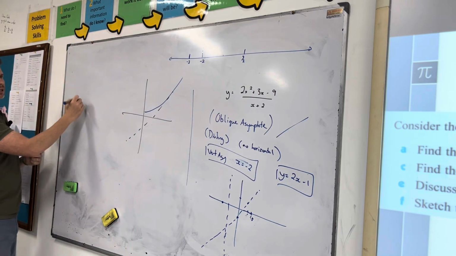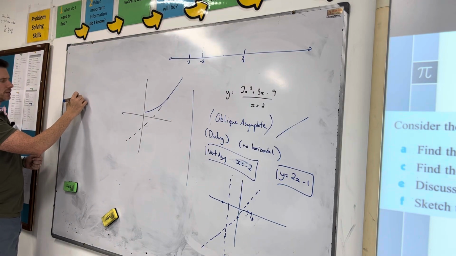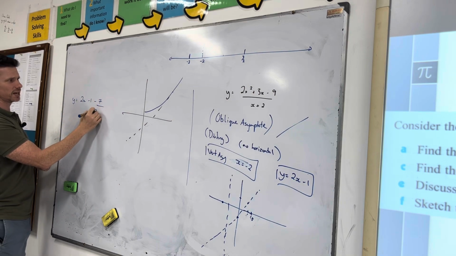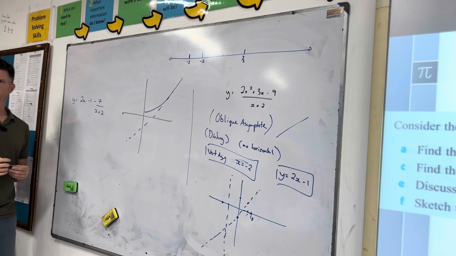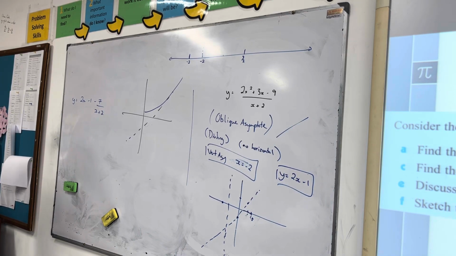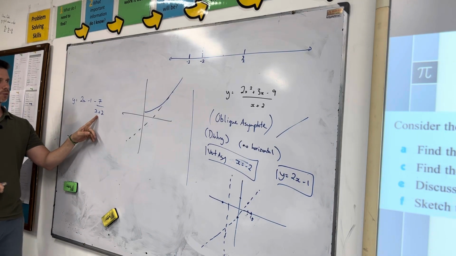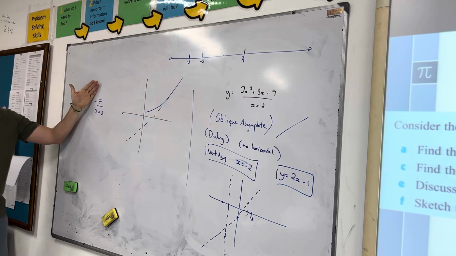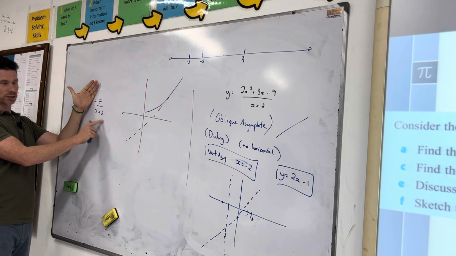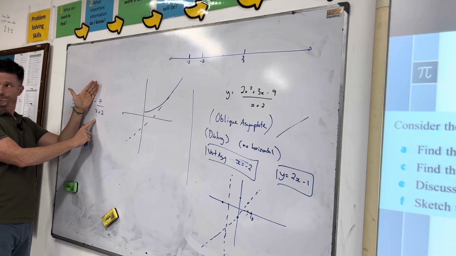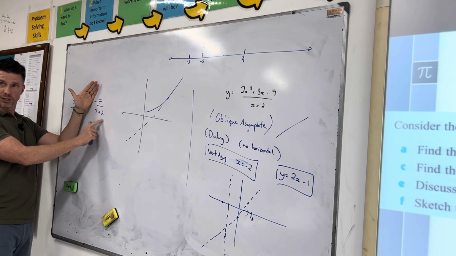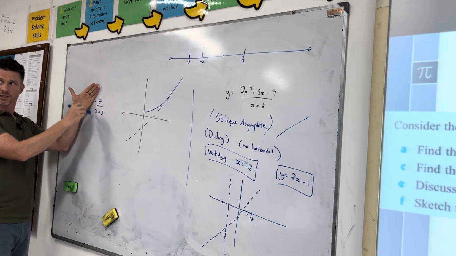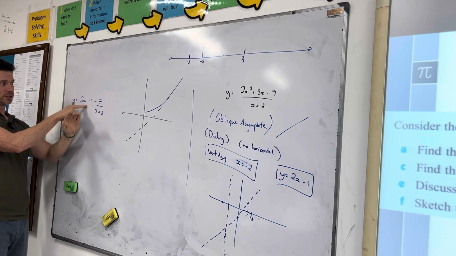When we rewrote this, what was it? 2x minus 1 minus 7 over x plus 2. If you think about this, as the function approaches this answer, the bigger x gets here, the smaller the remainder is going to be. It's going to get closer and closer to this. The smaller this is going to get as x gets bigger. It's going to get closer to just this value.